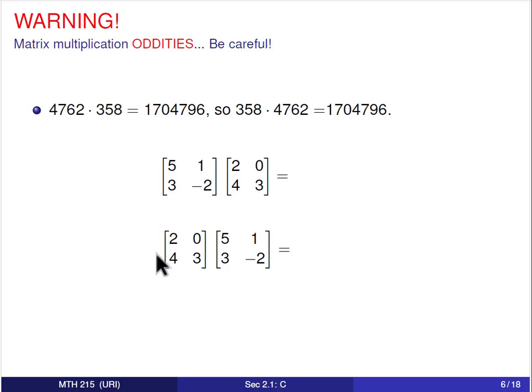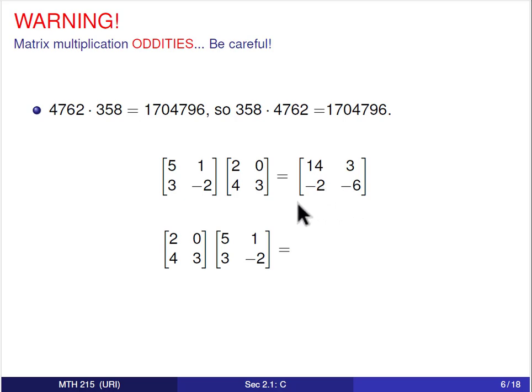For example, if we were to take the 2 by 2 matrix 5, 1, 3, negative 2, and multiply it onto the 2 by 2 matrix whose entries are 2, 0, 4, 3, go ahead and pause the video if you like and figure these out. But doing that, we'll end up with this matrix, 14, 3, negative 2, negative 6.